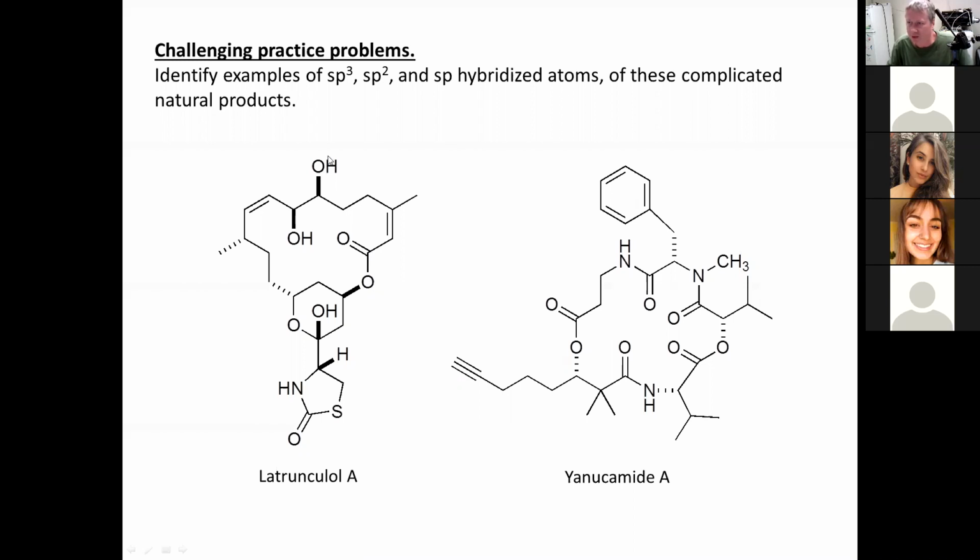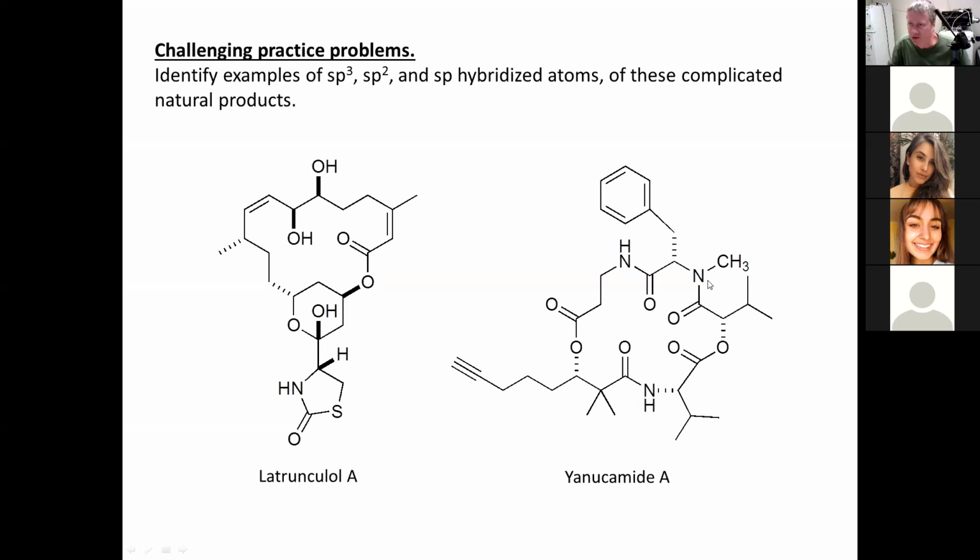What about this OH up top? It's also 4 things on it: a bond to carbon, a bond to H, lone pair number 1 and lone pair number 2 that we're just not drawing. For you guys, I'd recommend drawing the lone pairs in, just to remind you that they're there. Nitrogen.